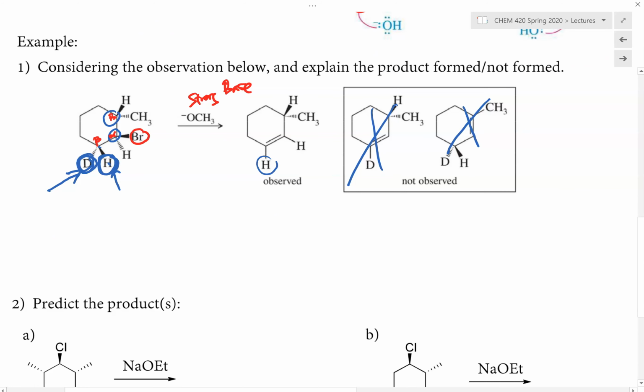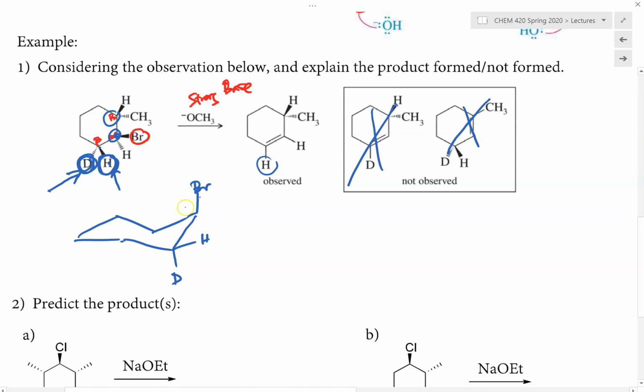And this would be good for us to start looking at our conformational analysis. So in this case, we have to draw the structure of the cyclohexane first. Let's now draw the structure of this cyclohexane. Let's make this carbon right here our alpha carbon, and that would then be the leaving group. We can see the hydrogen is pointing up, that would be that hydrogen, and the deuterium is pointing down.